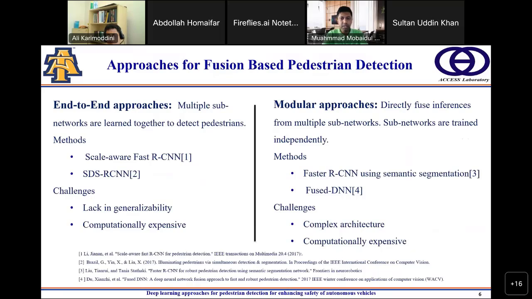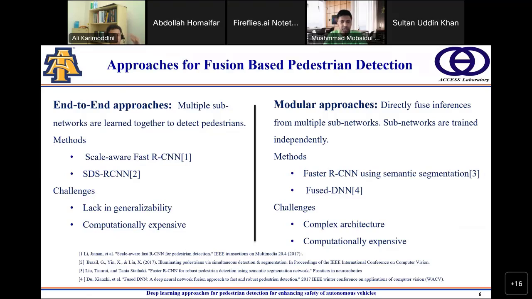Now let's talk about different approaches of fusion-based pedestrian detection. There are two different types of fusion-based approaches for pedestrian detection. The first one is the end-to-end approach, where multiple subnetworks are learned together to detect pedestrians. On the other hand, in the modular approach, inferences are fused directly from multiple subnetworks, so subnetworks are trained independently.